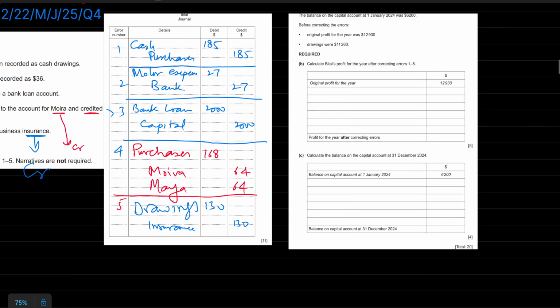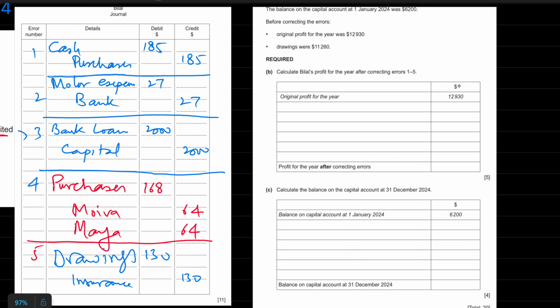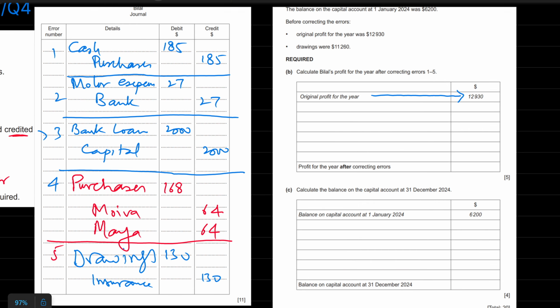Now journal entries have been made. In the next part, we are asked to calculate the correct profit. The original profit before correction of errors was 12930. Now how to calculate the corrected profit? Students, the first step is, in the journal entries, try to figure out which accounts are related to the income statement.